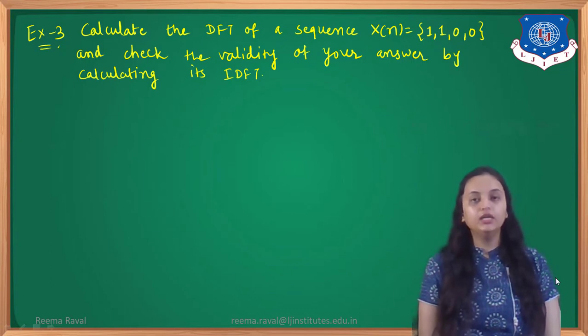So in this example, you need to find first of all x of k, then using IDFT, you need to obtain back x of n, which must match the data x of n, that is 1, 1, 0, 0. So these are the various examples that will be asked, and using this matrix method you can obtain both DFT and IDFT. Also you can check for the original sequence given to you back from the IDFT.